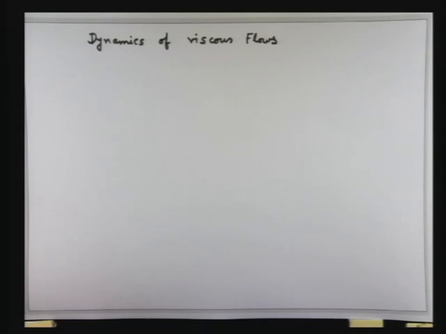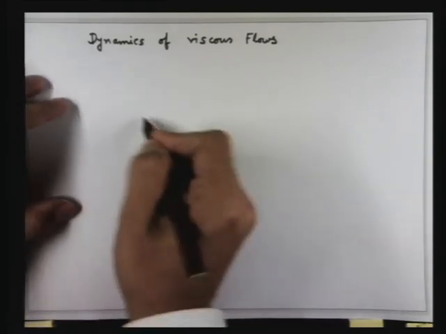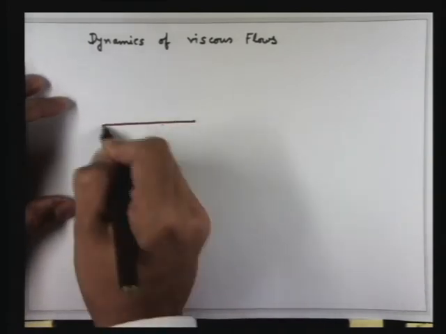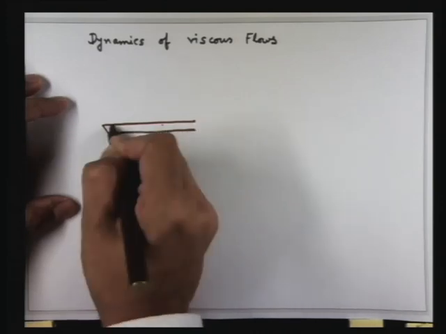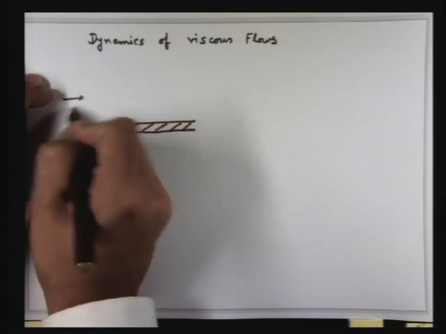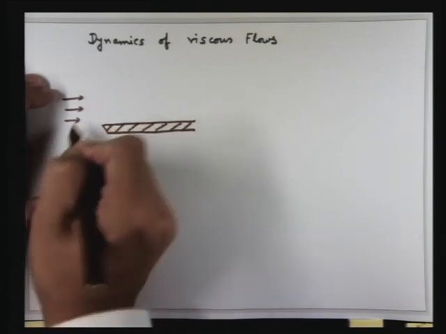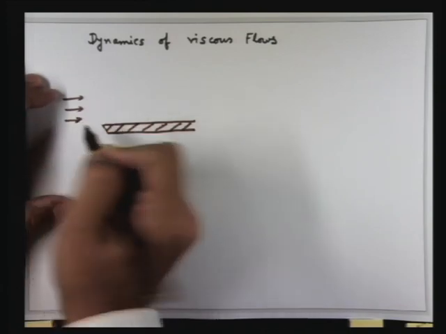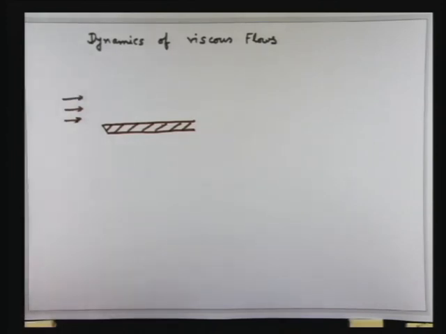To get into that, let us come back to that old example where you have a flat plate and fluid is coming from far stream over the flat plate. Far away from the plate the viscous effect may not be that important.